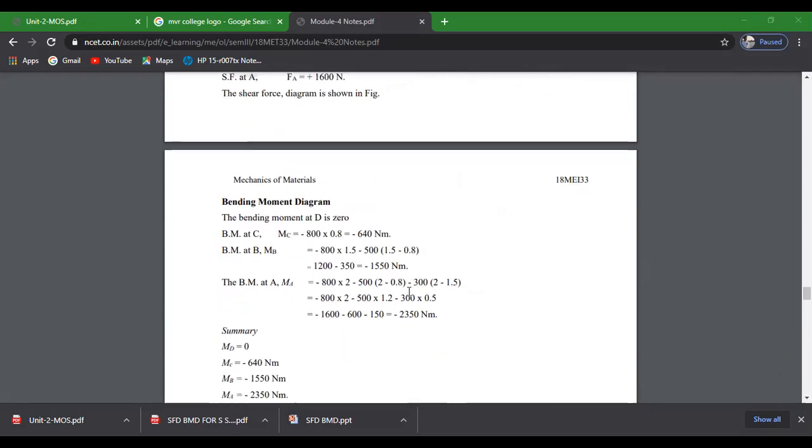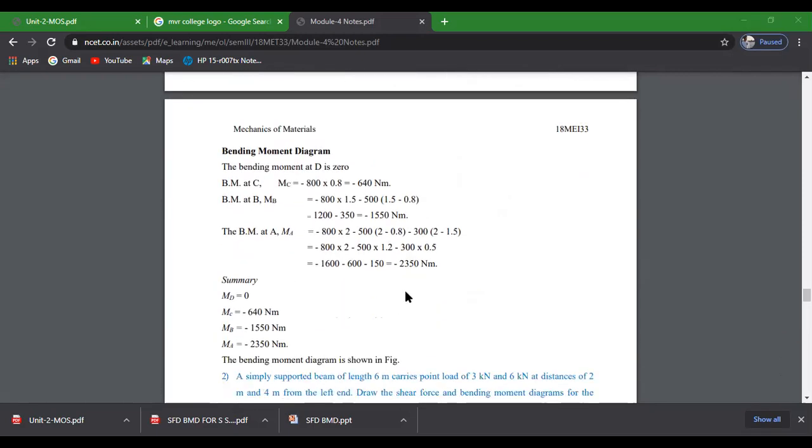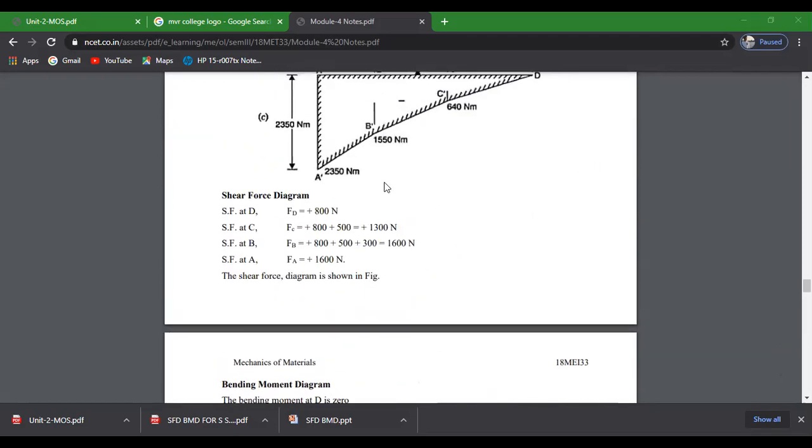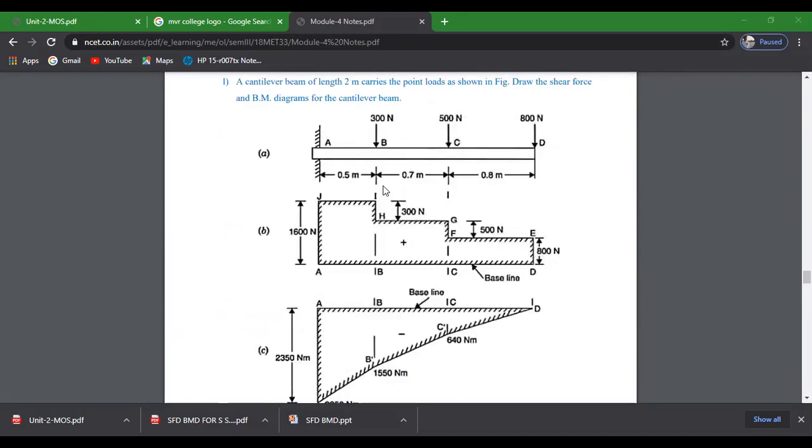Bending moment diagrams: from the mathematical point of view, how do we find the bending moments? At the point D, the bending moment is 0. How does it come to 0? Just have a look at this. Bending moment should have two parameters.